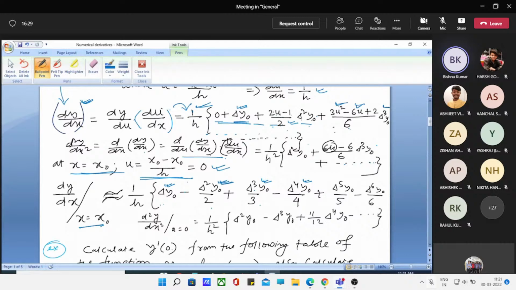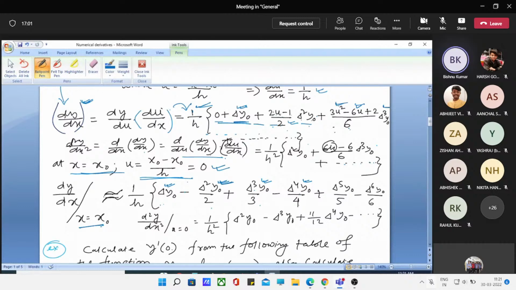So similarly, this formula is easy to remember. These are the upper diagonal elements rearranged in an alternating series. But in the second derivative there is no such pattern, so try to remember at least 3 terms. If I put d2y by dx2 at x equals x0, the first point, then in this expression I have to put u0.